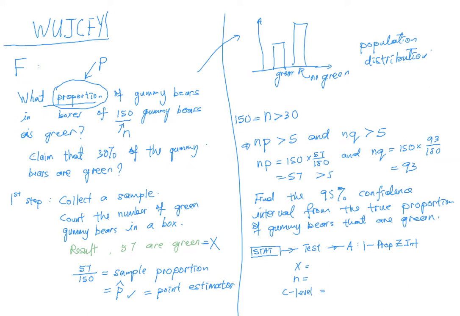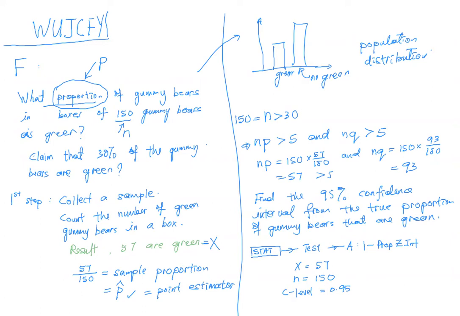Can someone tell me what X is? Zahara: 57. Good. Then n? 150. Confidence level? 0.95. So this is much easier than the confidence interval for the true population mean, correct?